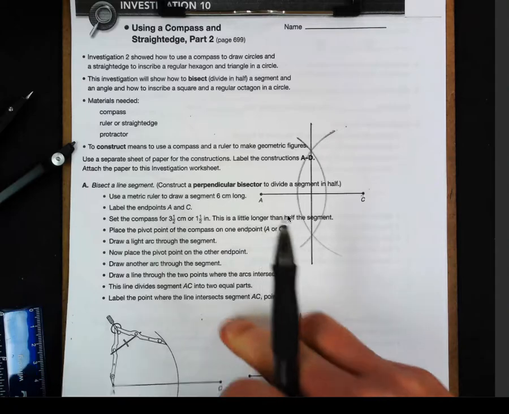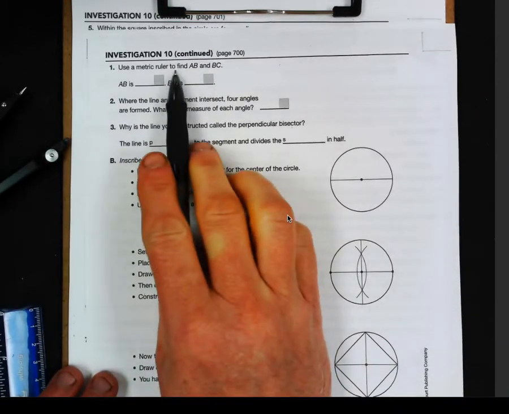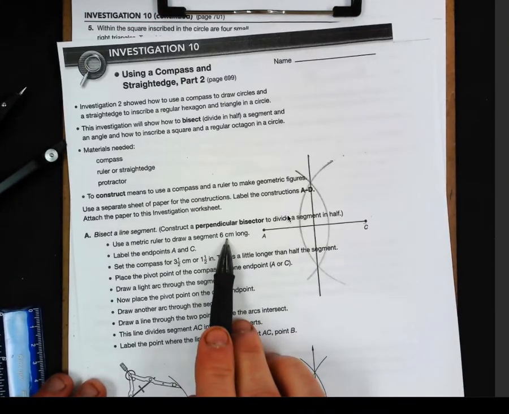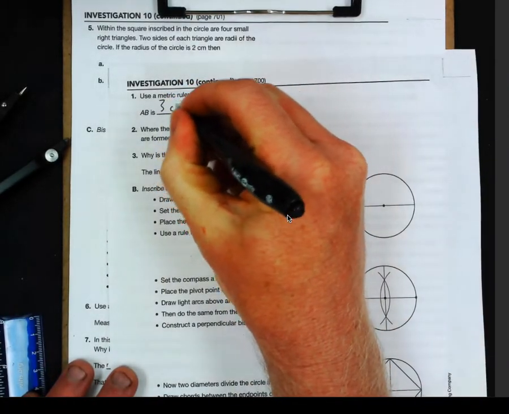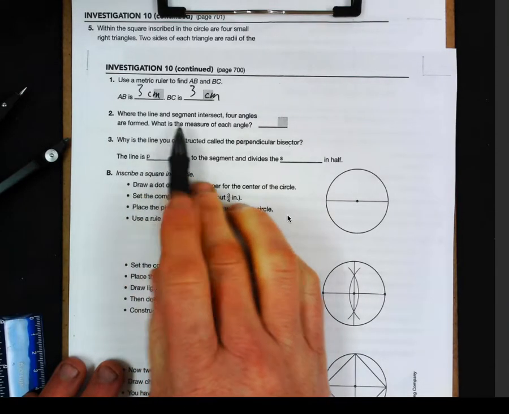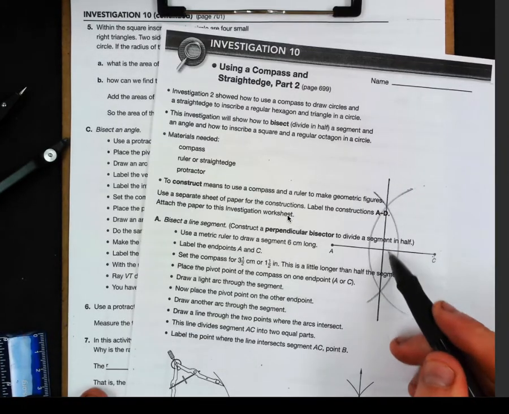All right, now they're going to start doing these things for real. Use a metric ruler to find AB and BC. It was 6 centimeters, and we cut it in half, so this is going to be 3 centimeters, and this is going to be 3 centimeters. Where the line and the segment intersect, 4 angles are formed. What is the measure of each angle? It's perpendicular.